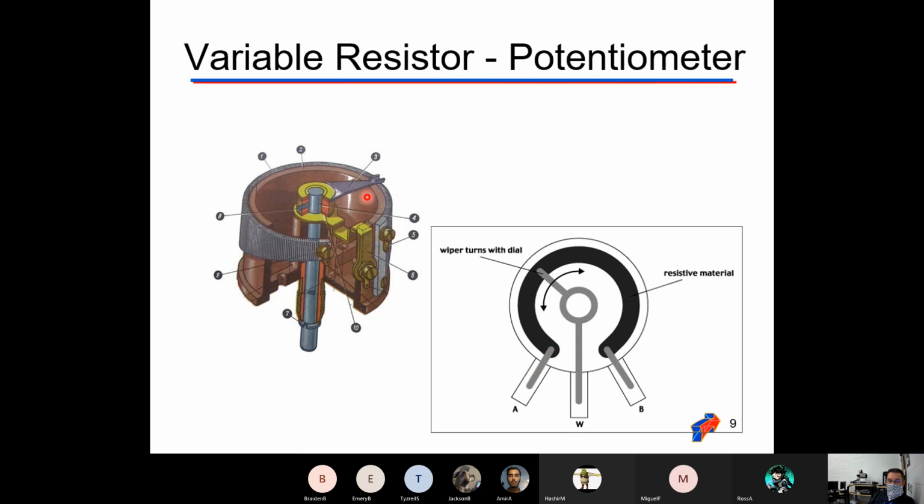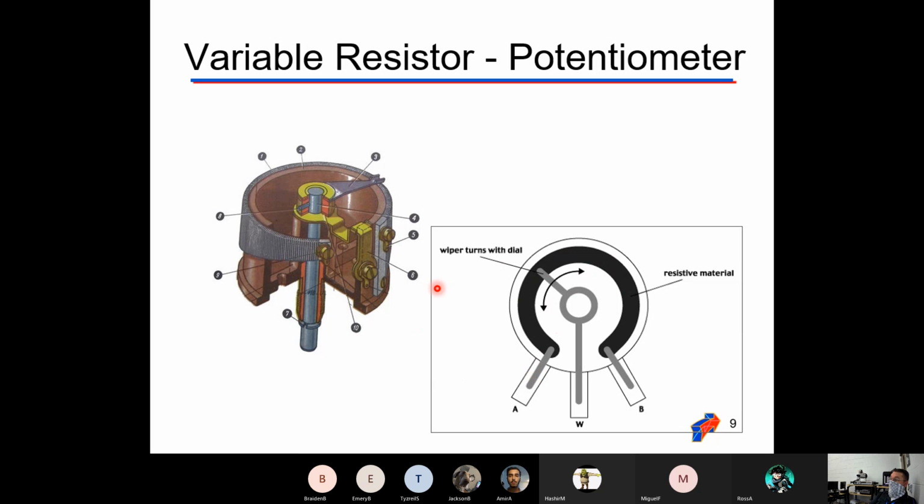Then this dial gets turned, and as it gets turned around this circle, it's going to increase the amount of carbon that goes between this point, the end of this, and here. So depending on how far this dial is to the right, that's going to increase your resistance. And if you bring it back closer to here, it's going to decrease your resistance. And that's how a potentiometer works.